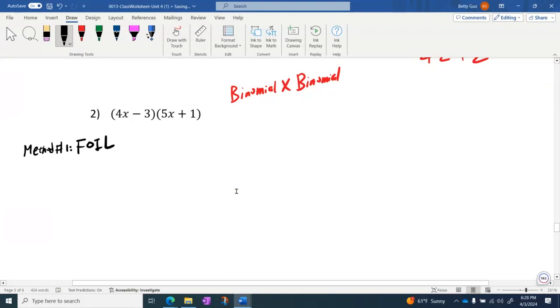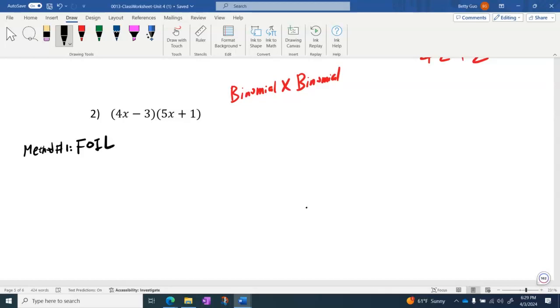In this country, we have to explain what FOIL is because it's so famous. If you don't know what FOIL is in algebra, it seems like it doesn't make sense, like you haven't taken the algebra class. FOIL is a technique to multiply two binomials.